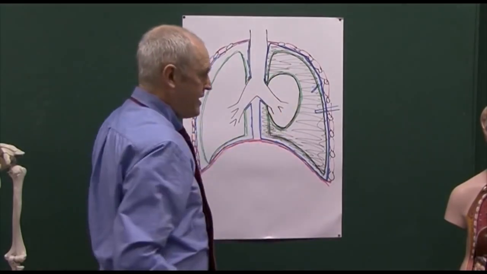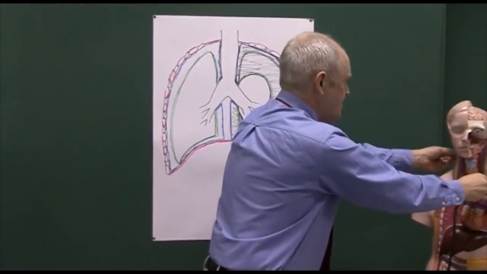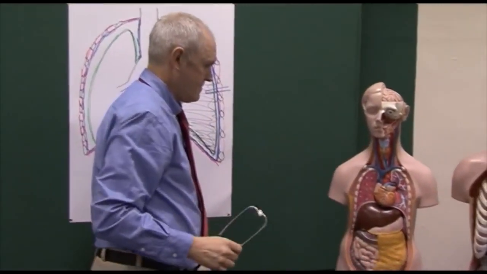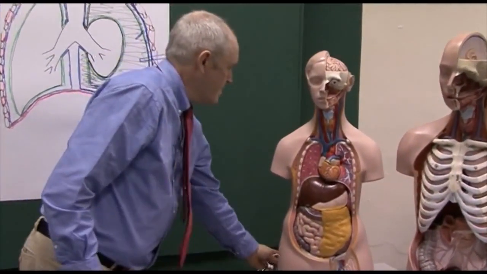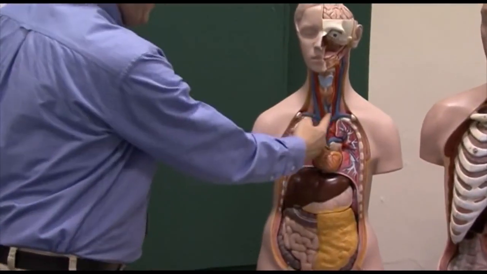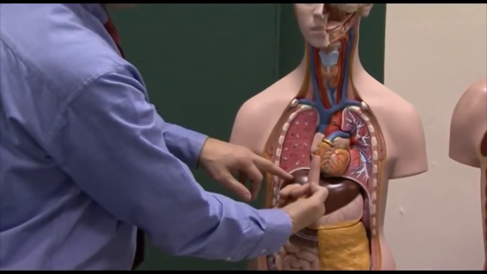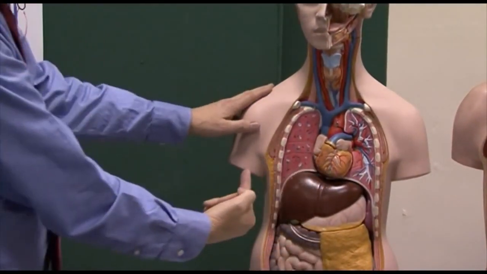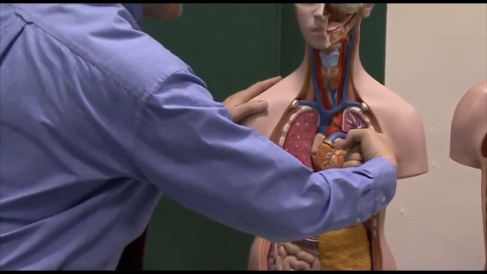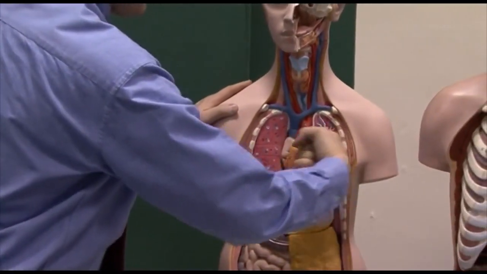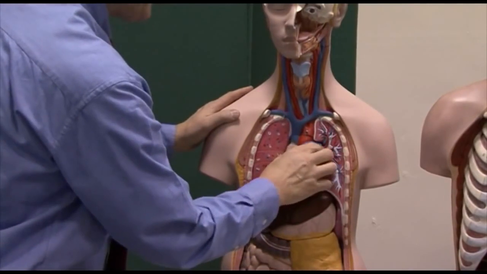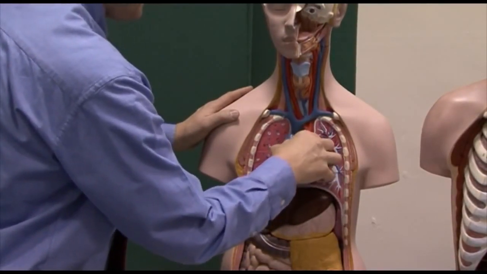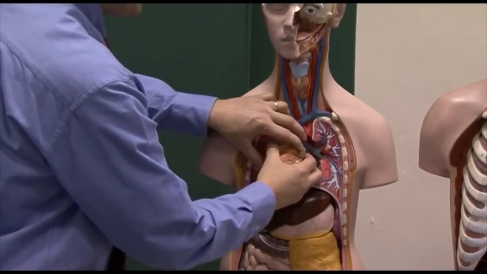And of course, what we've got here is the major blood vessels going up and down here, and the inferior vena cava from below. So if this starts getting pushed across under pressure, then what we'll start doing is pushing the heart across. The heart will start to get moved across like that by this pressure.